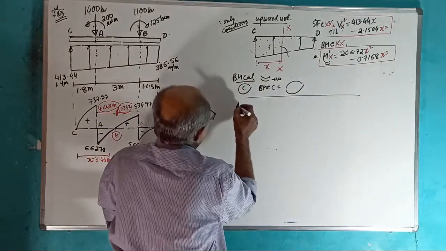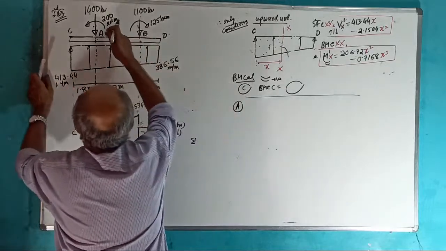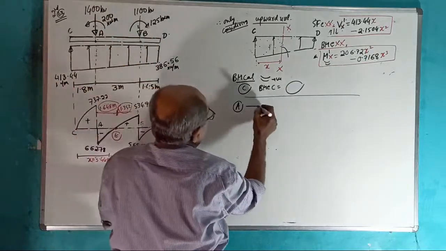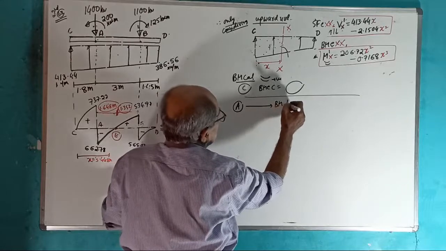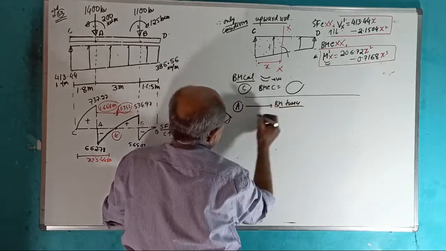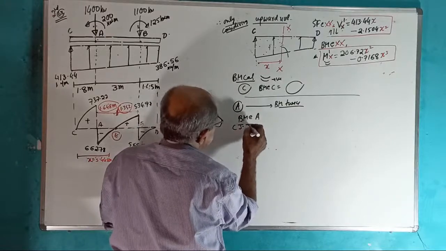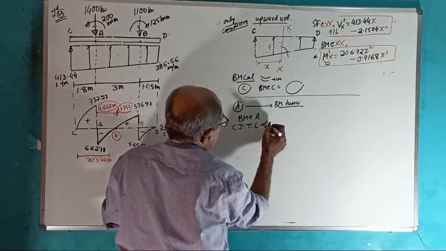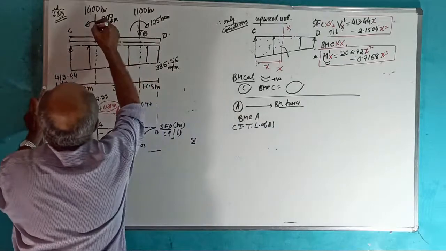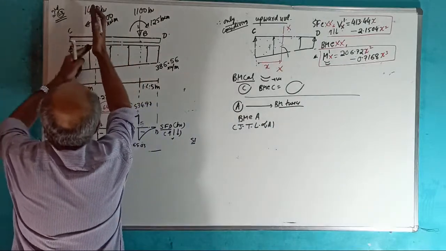Then come to A. At A, there is a couple. Because of the couple, write the BM calculation twice. Tell the answer. BM at A just to the left of A equal to... look at this side, the couple you cannot see.